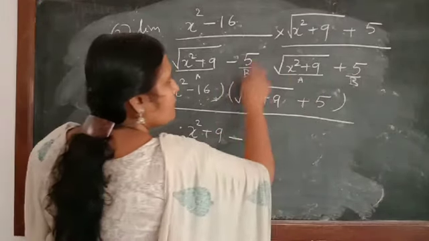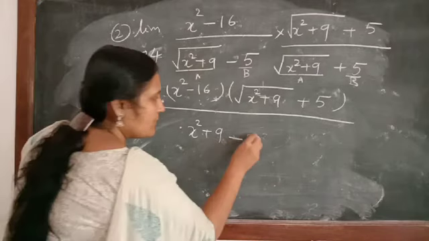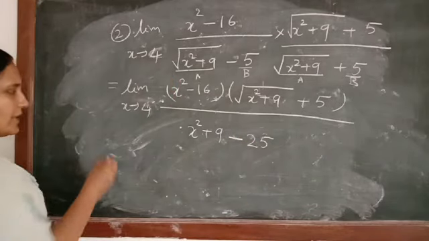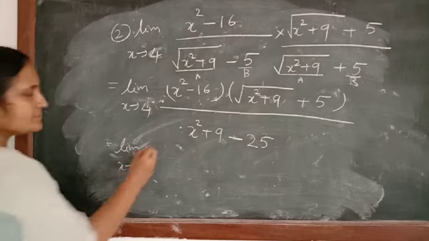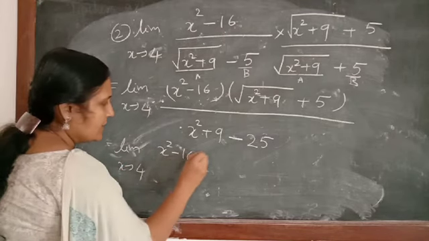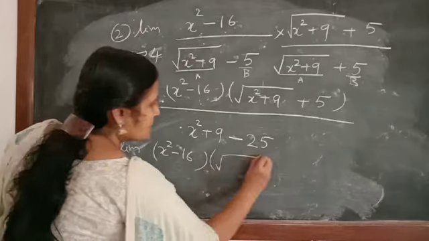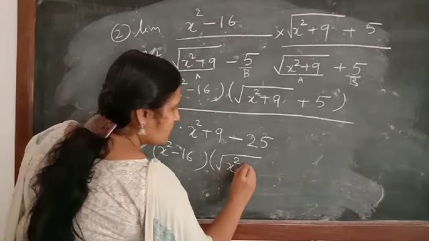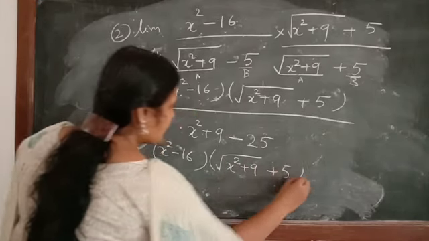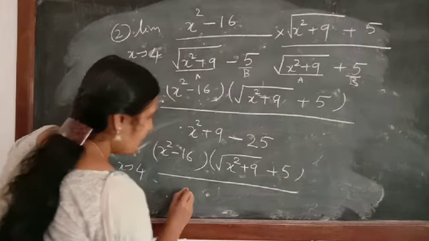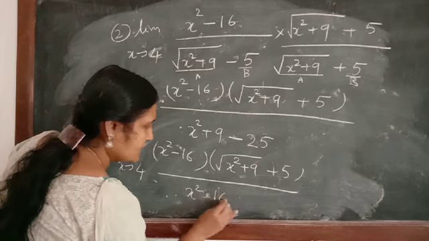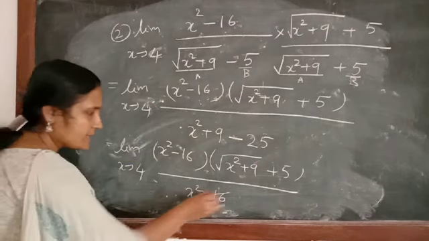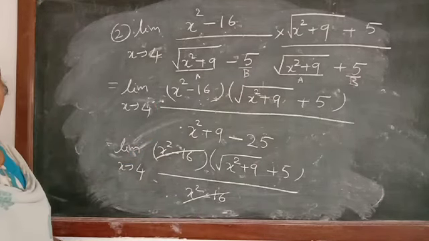In place of b we have 5, so minus 25. Then it will be equal to limit x tends to 4 of x square minus 16 into square root of x square plus 9 plus 5, by x square plus 9 minus 25, which is x square minus 16. Now x square minus 16 will get cancelled.